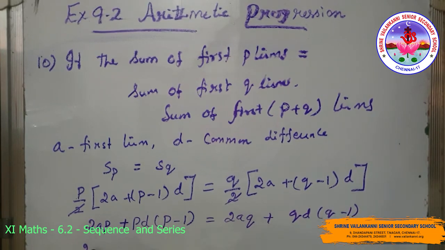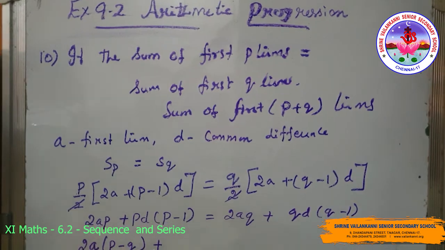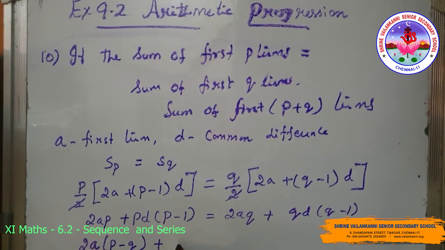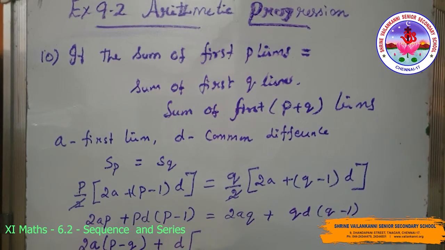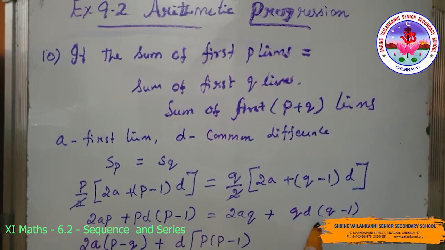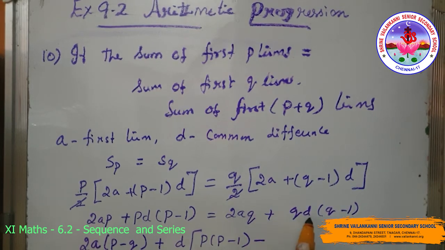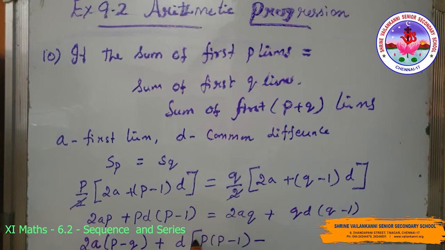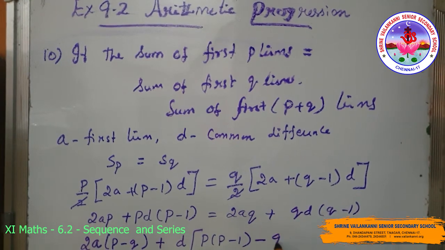Then taking 2a common, so 2ap minus 2aq, so 2a of P minus Q, plus d into P into P minus 1 and minus of Q into Q minus 1, taking d common.